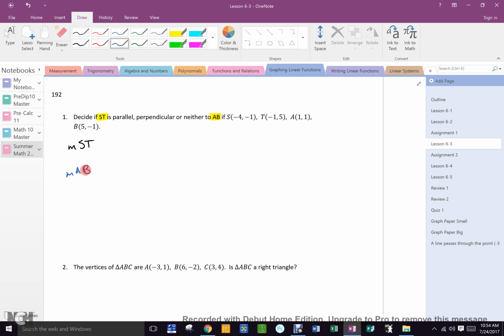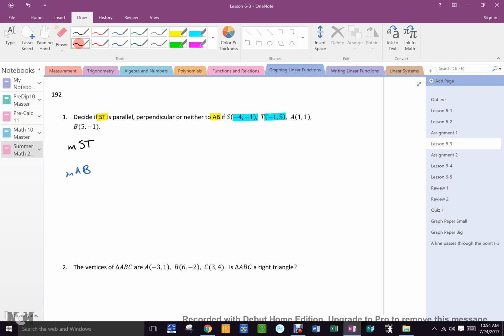Different slopes for different folks. Anyway, what is the slope of ST? Which are the points that are in ST? -4, -1, and -1, 5. So I check that slope.